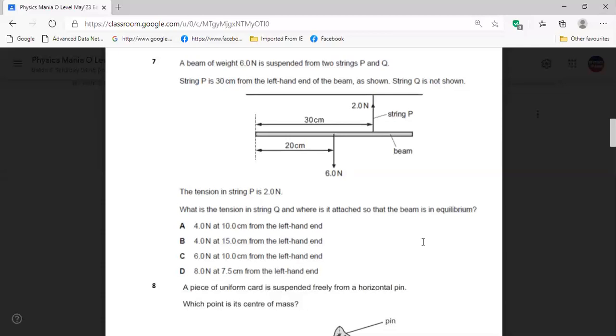Look here, there is nothing attached at any point here on the left, is there?